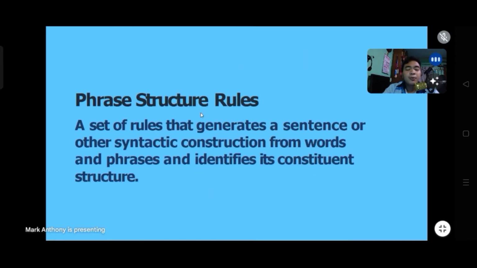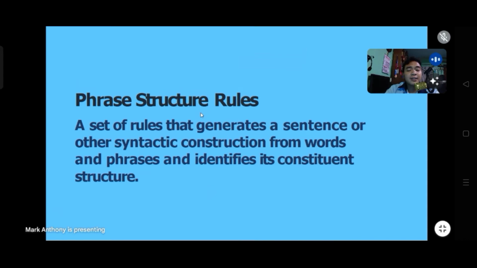So moving on, we have the phrase structure rules. So what are phrase structure rules? It is a set of rules that generate a sentence or other syntactic construction from words and phrases and identify its constituent structure.